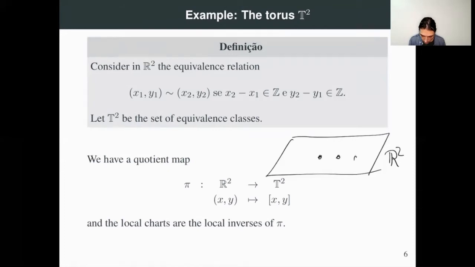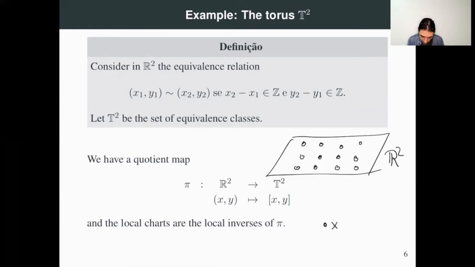So we have something like this, more or less. Those are the representatives of the same class. And all these representatives are sent to the same point, because they are all representatives of the same class.